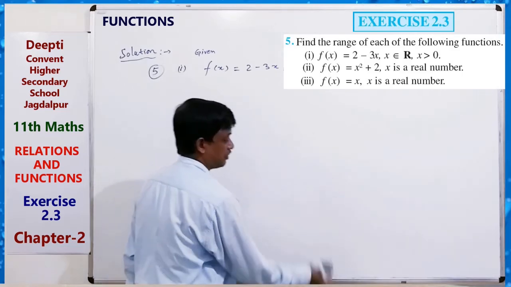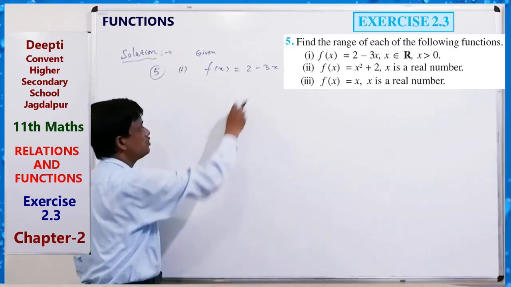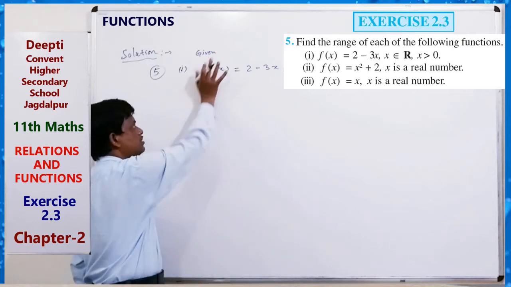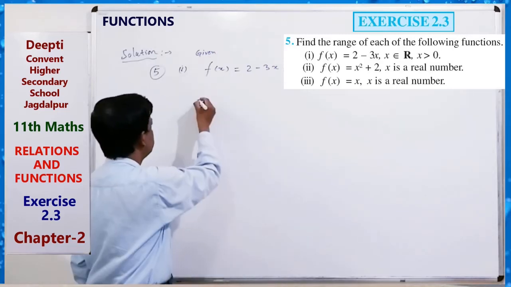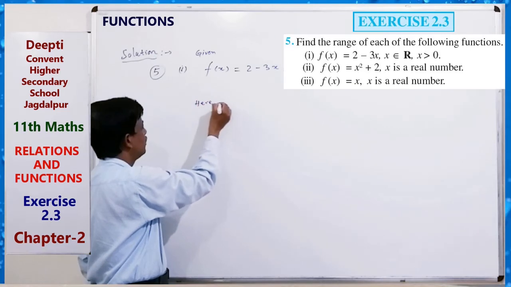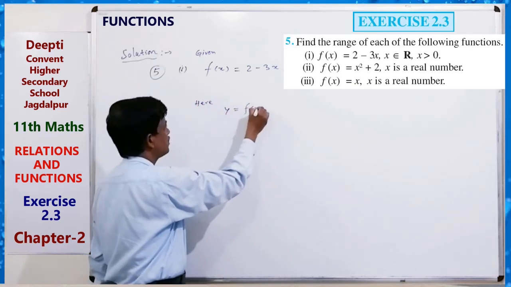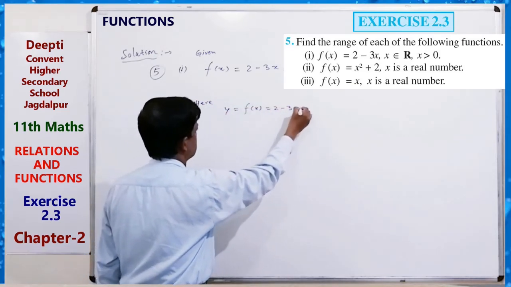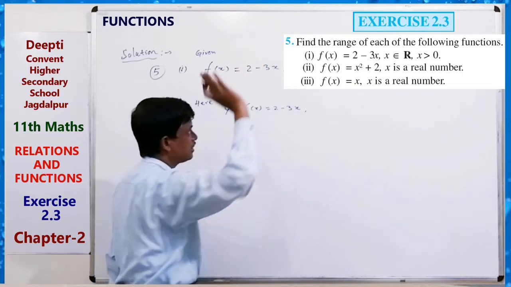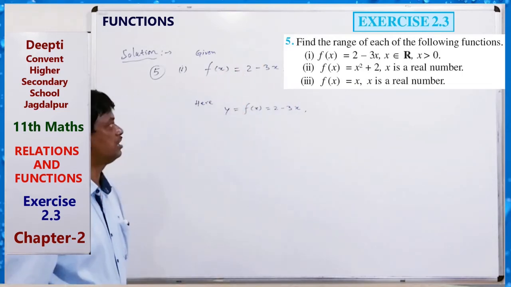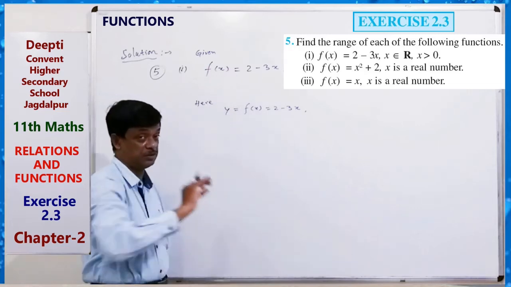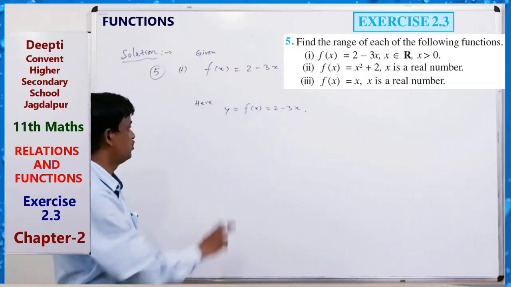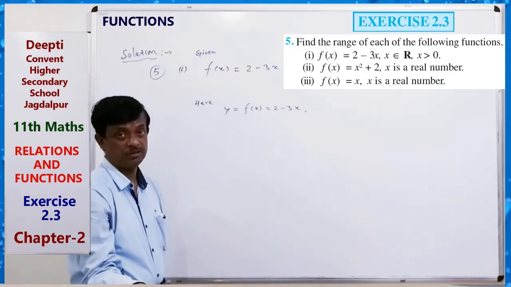Here y equals f(x) equals 2 minus 3x, and x is greater than 0. Positive real numbers are the domain, but we have to find the range.